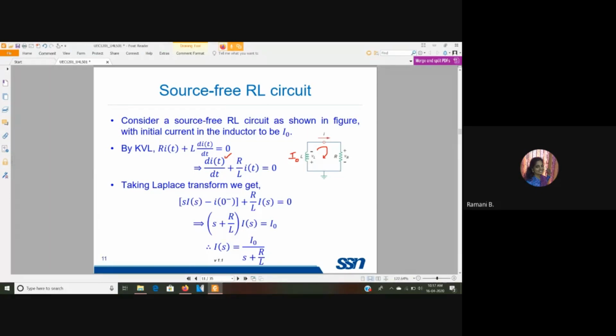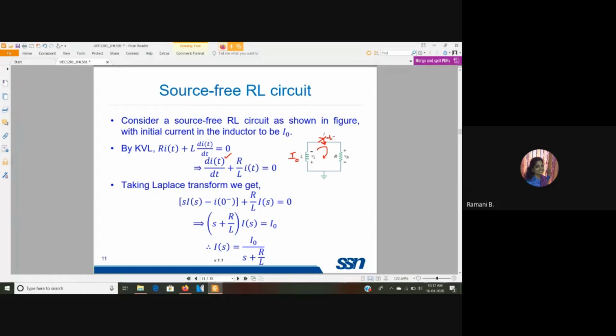So you will have this as di by dt plus R by L into i of t equal to 0. Taking the Laplace transform, for di by dt we know the Laplace transform is s into I of s minus i of 0 minus. If I consider that I have a switch here, closing it at t equal to 0, just before closing the switch, what was the initial condition?